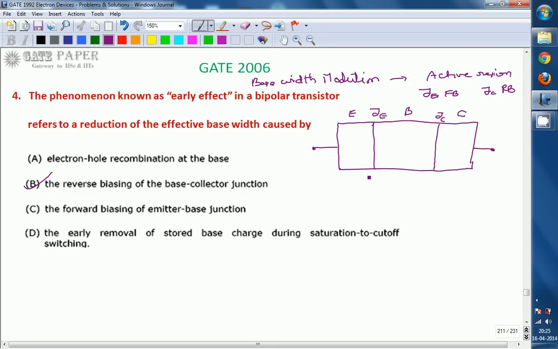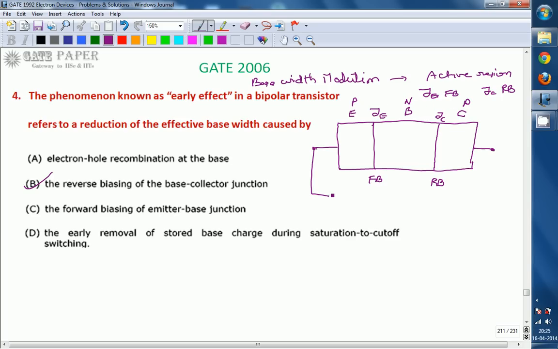Now you have to make the emitter base junction forward biased and the collector base junction reverse biased for the transistor to work as an amplifier, because it must be in the active region. For a PNP transistor, emitter and collector are P type and base is N type.